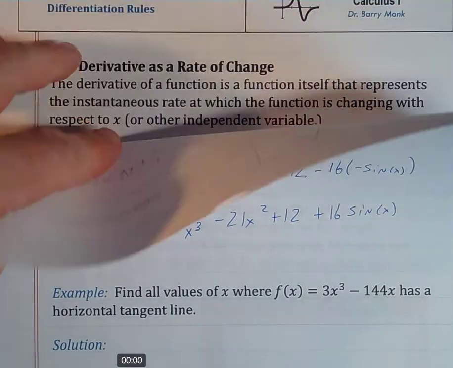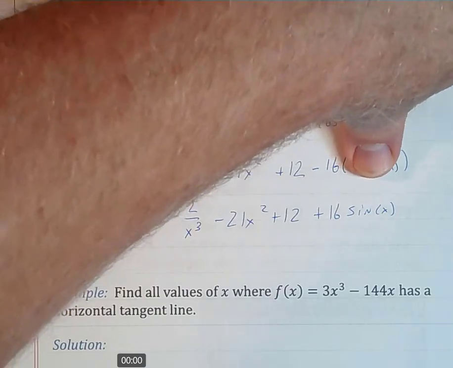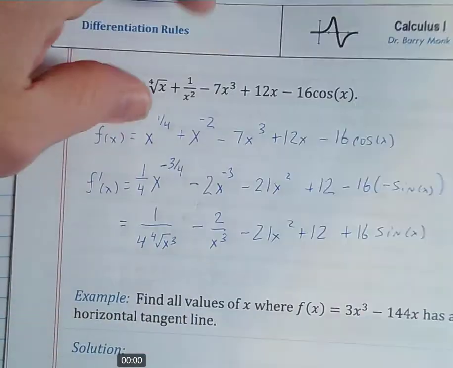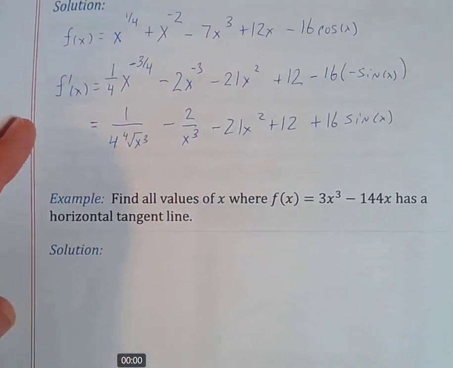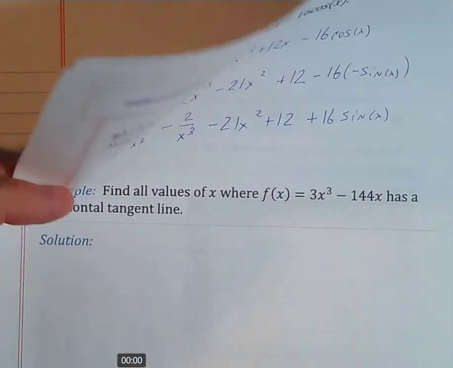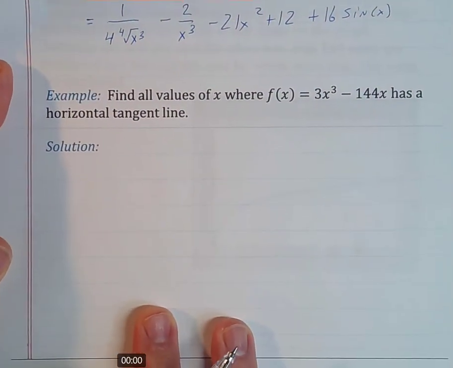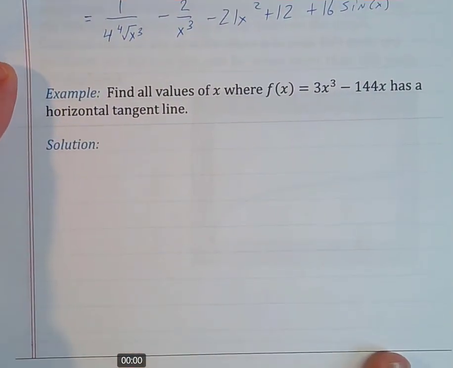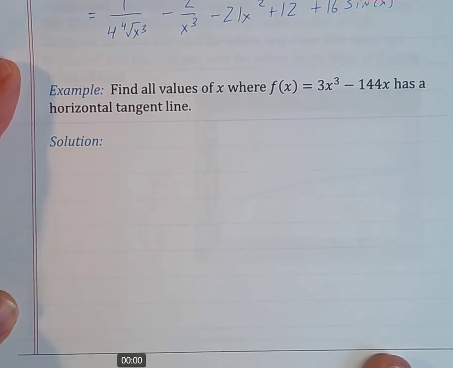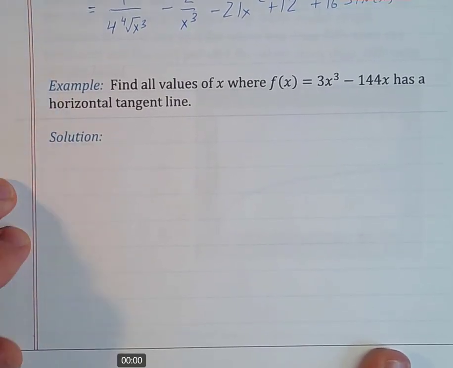Okay, let's look at another example. All right, here what I want to do is find all the values of x where f of x equals 3x cubed minus 144x has a horizontal tangent line.